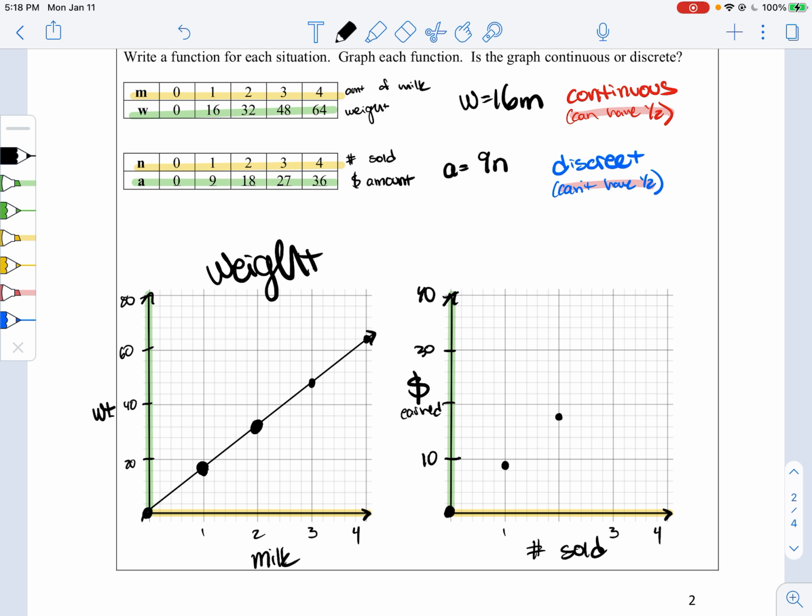We sell 3 cheeses. It's kind of pizza, isn't it? We get $27. We sell 4 cheeses. That's even a better pizza. $36. Now, again, we can't sell like 2.5 cheeses. So our graph is just discrete. It's just the dots. I'm going to make my dots bigger so you can see them. Ta-da! That's our graph. Okay, cool.